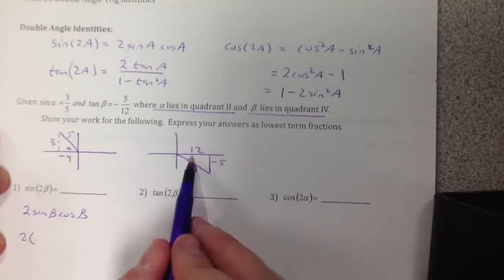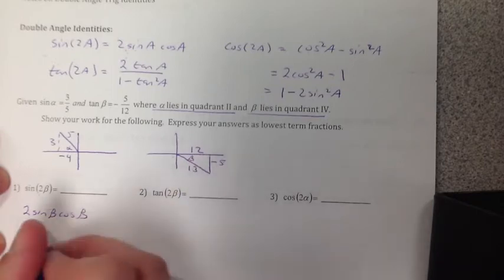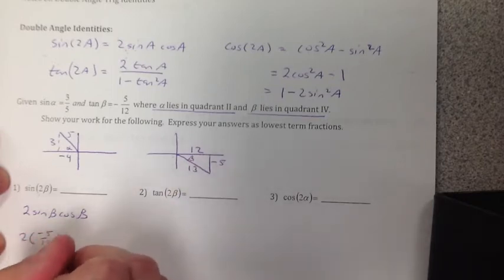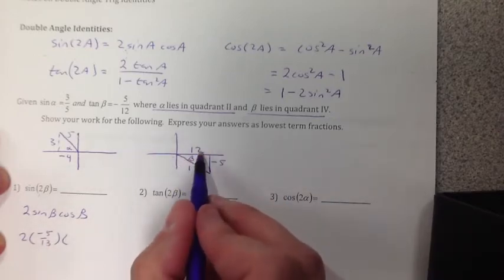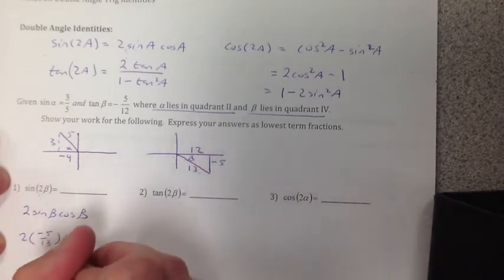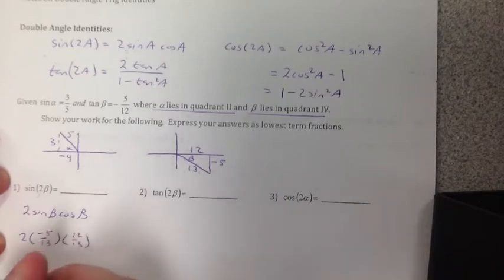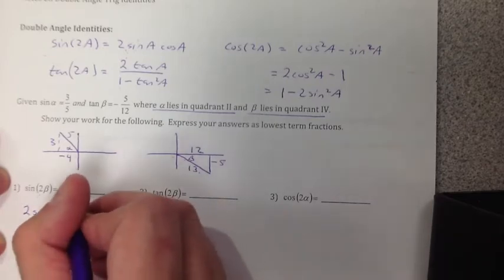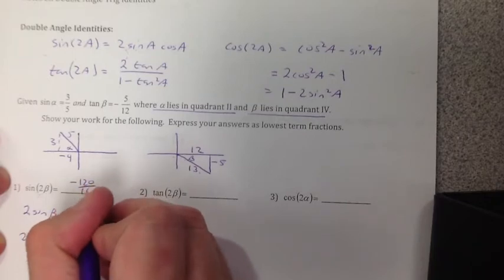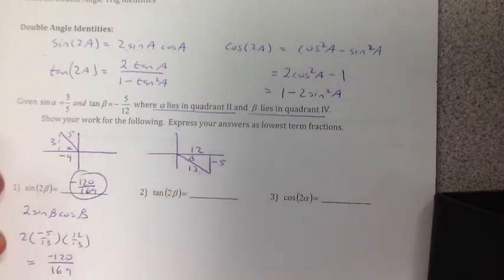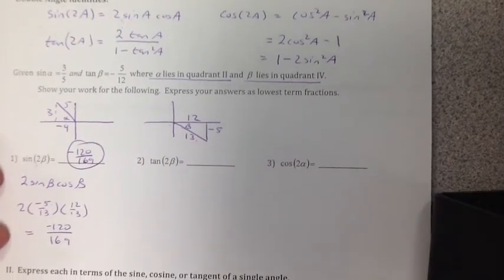Sine of beta is negative 5 over 13, while the cosine is the adjacent, 12 over 13. I can just multiply those together here. The bottom becomes 169, and the top becomes negative 120. So this becomes negative 120 over 169, and that's going to be the sine of 2 beta.